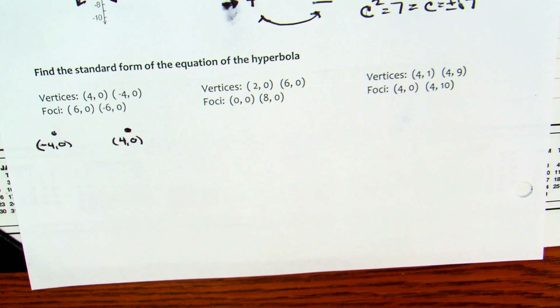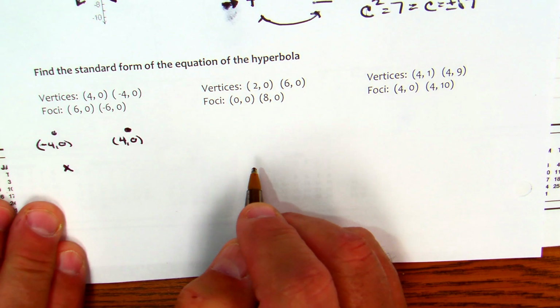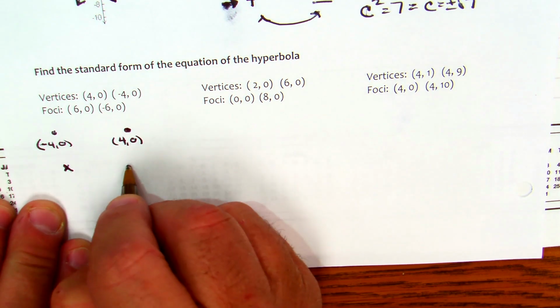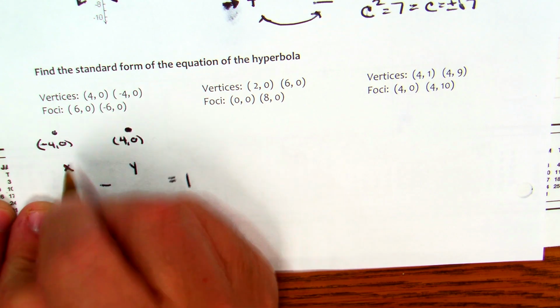Make sense? It's horizontal, so that means x is coming first. So the direction of your line of your vertices is your first coefficient. So that's going to have an x in it. Then the y is going to come second, and then that's going to be equal to 1.